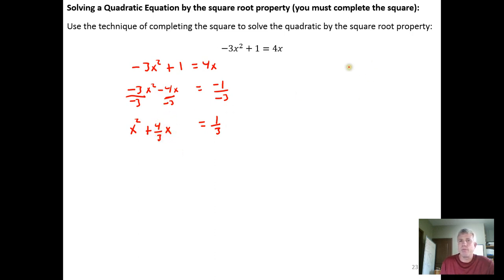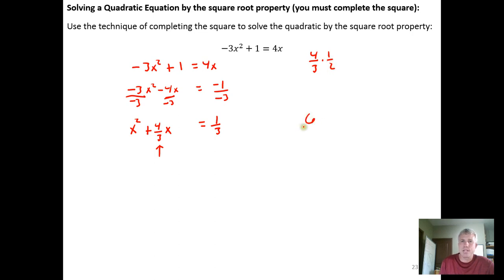And then what we want to remember is that with the completing the square process, we take the coefficient on the x variable, the linear variable, the x to the first variable. We take that coefficient and we need to halve it. And there's two ways we can halve a 4/3. We could divide it by 2, creating a complex fraction, or we can realize that dividing by 2 is the same as multiplying by a half.